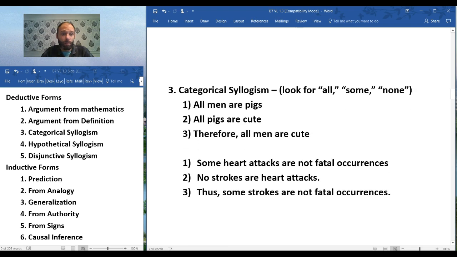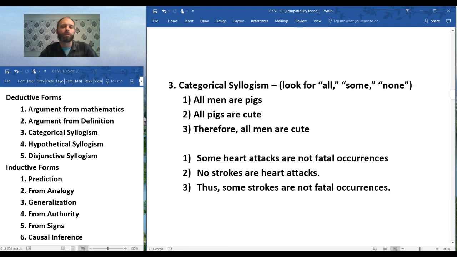The third type of deductive form, and the first type of syllogism, is called the categorical syllogism. Recall a syllogism is just a deductive argument that has 2 premises and a conclusion. Categorical syllogisms deal with categories of things, and they talk about how many members of the categories have certain qualities.